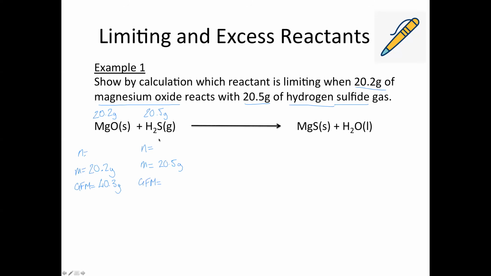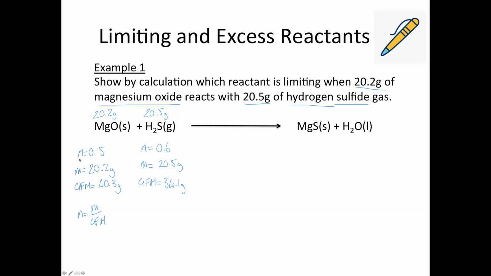And then 1 mole of hydrogen sulfide would be 2 plus 32.1, which gives you 34.1 grams. So now we can calculate the number of moles for each of the reactants. n is m over GFM. If you do that for both of these, you would find that you have 0.5 moles of magnesium oxide and 0.6 moles of hydrogen sulfide.